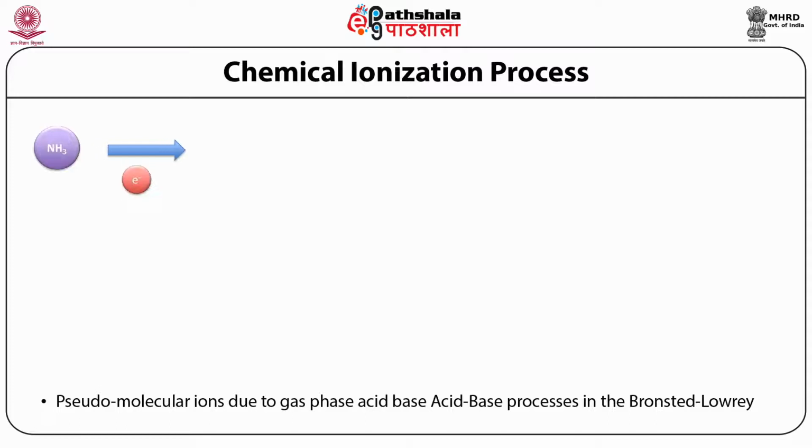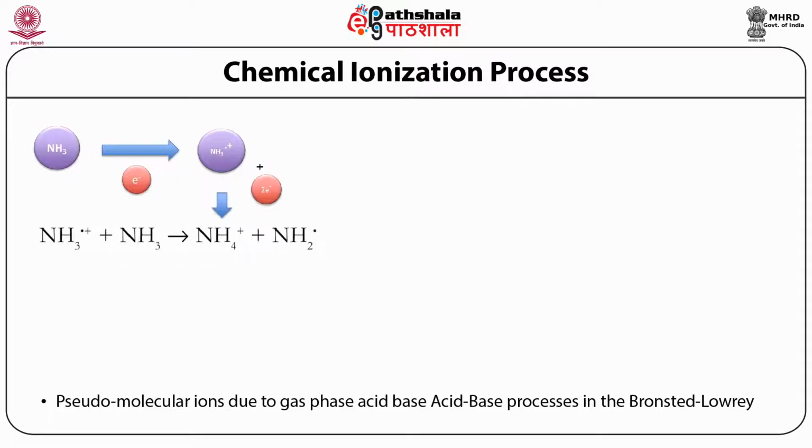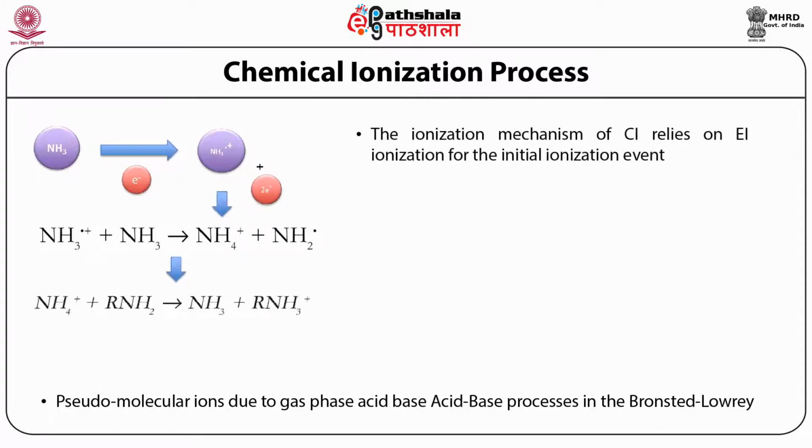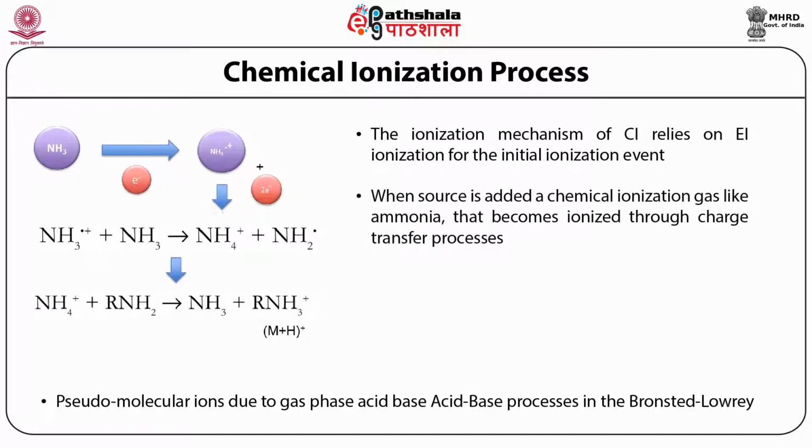This process is employed in atmospheric pressure chemical ionization, where a corona needle is used for charge transfer. The ionization mechanism of chemical ionization relies on electron impact ionization to some extent for the initial ionization event. When the source is added with a chemical ionization gas like ammonia, that becomes ionized through charge transfer process through corona.